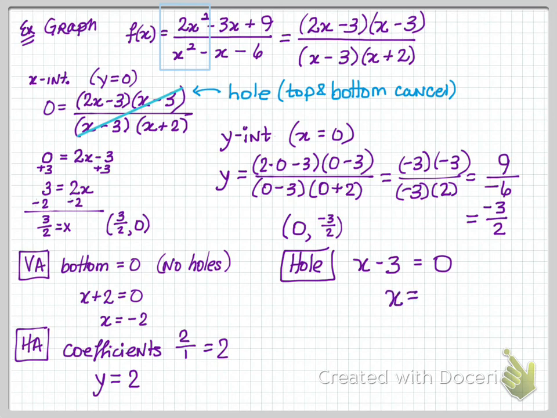X equals 3. So when we go to graph this, we're going to have a hole at x equals 3, a vertical asymptote at x equals -2, a horizontal asymptote at y equals 2, and we have an x-intercept and a y-intercept.